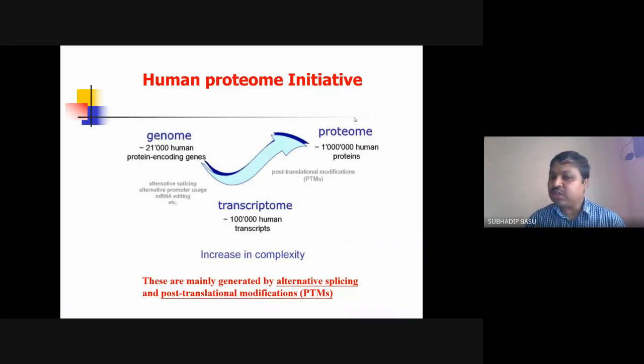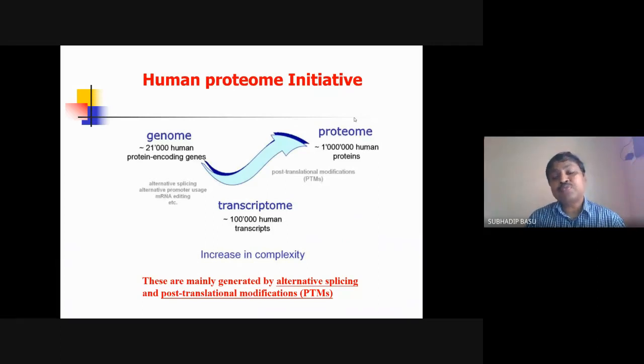Even if we have only around 21,000 protein encoding genes in the human genome, we have close to 100,000 human transcripts, and that translates to close to 1 million human proteins. 1 million, that is again 1:10 from each transcript.